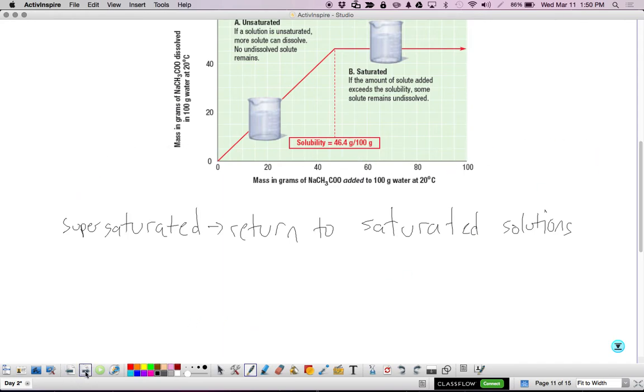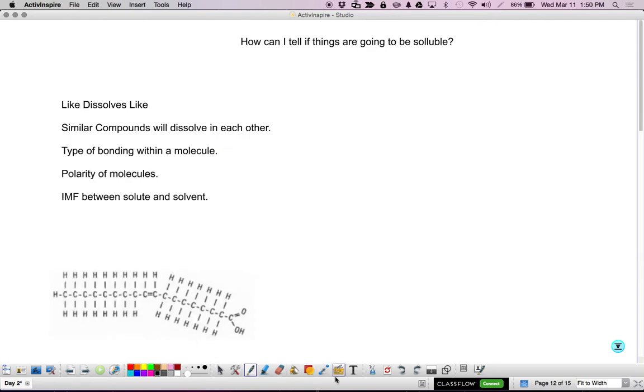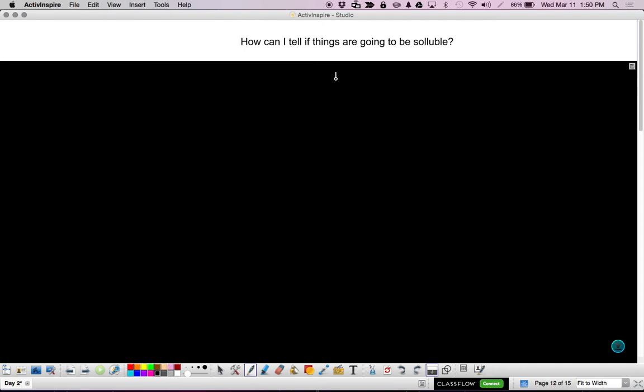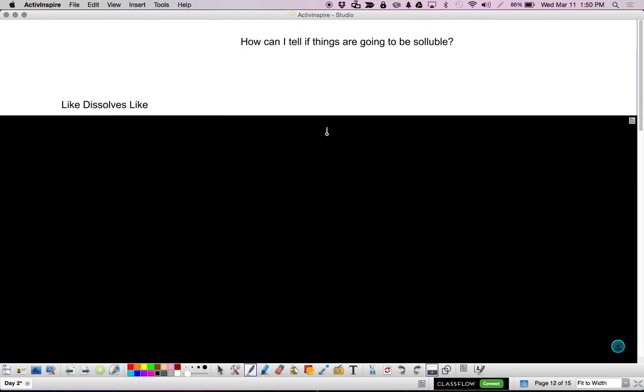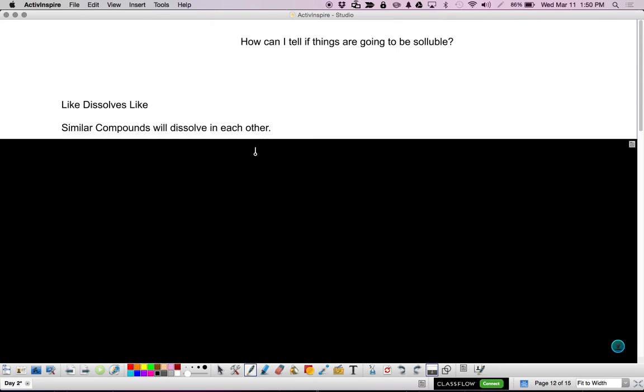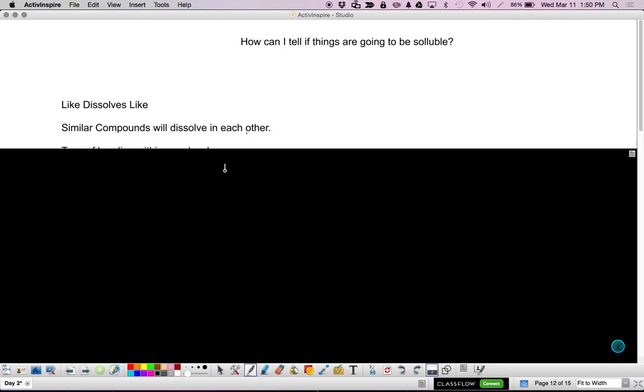So, how can you tell if something's going to be soluble? The easy answer, and the one that I want you to remember, is that like dissolves like. Well, what does that mean? That just means that similar compounds will dissolve each other. Well, how do you decide if a compound's similar?